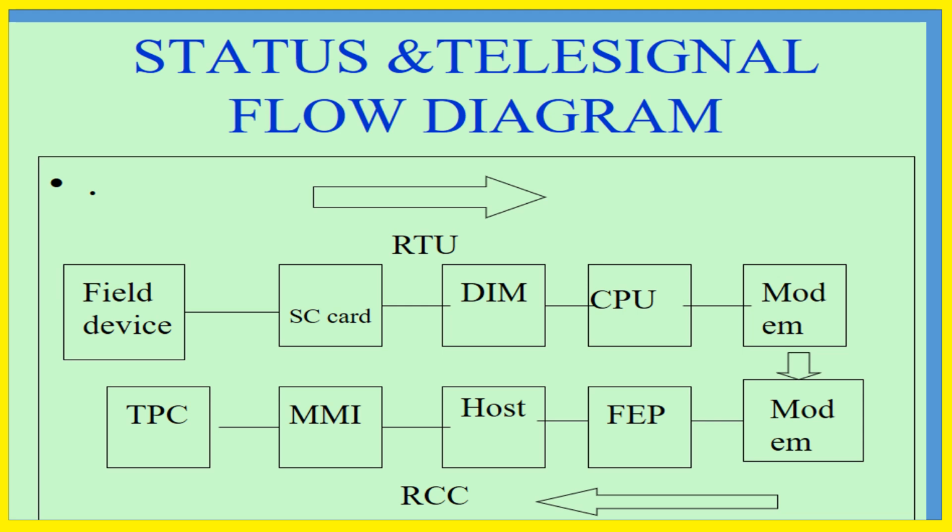Then it will be converted into the binary system. Automatically, when there is a changeover in the contact of the interrupter or CB, close to open or open to close, a telecommand will be generated to indicate that this has happened, it has opened or closed.